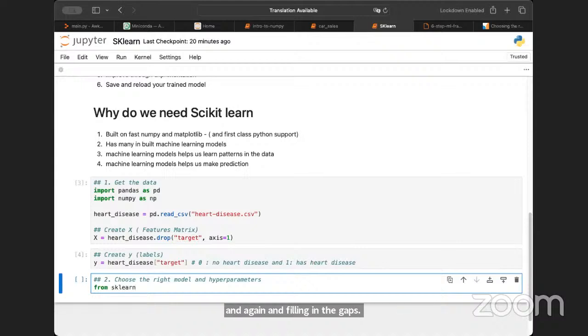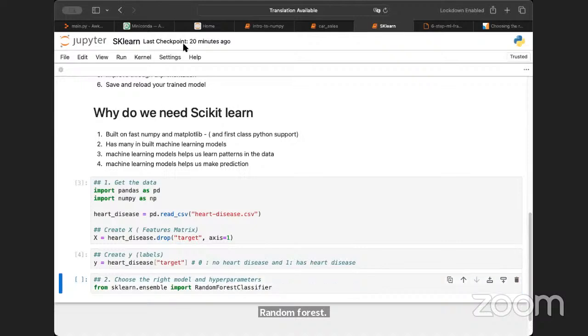So we are saying import from Scikit-learn ensemble import, and maybe we want to choose random forest classifier.